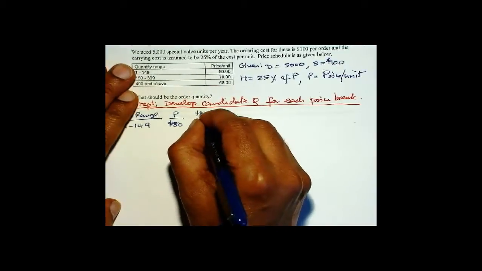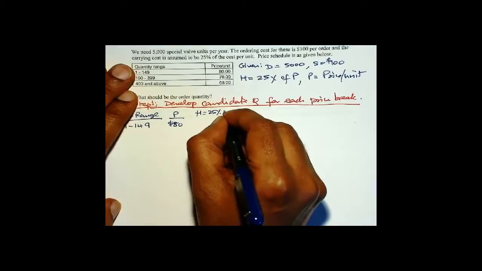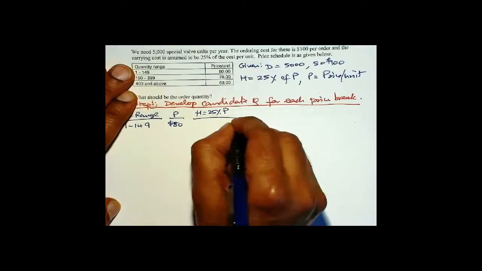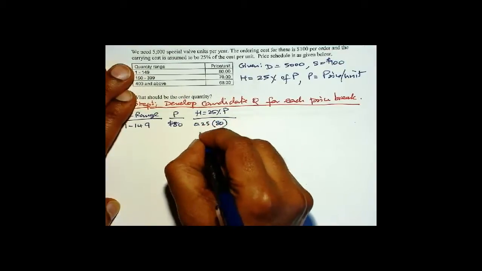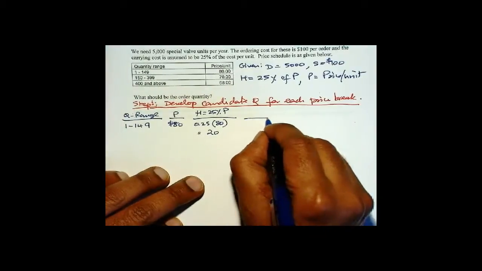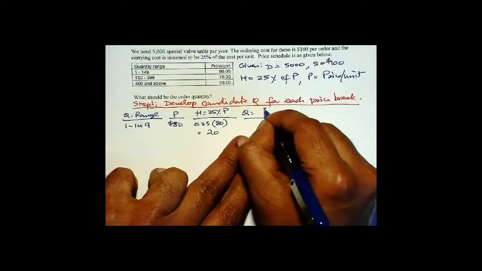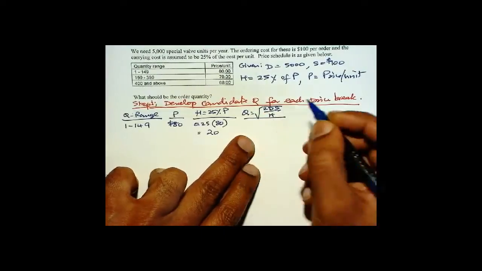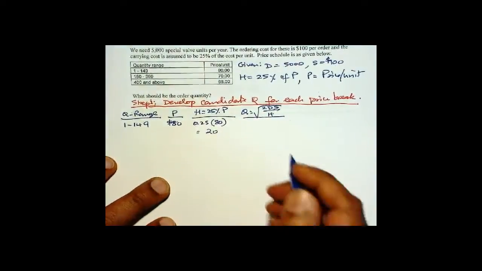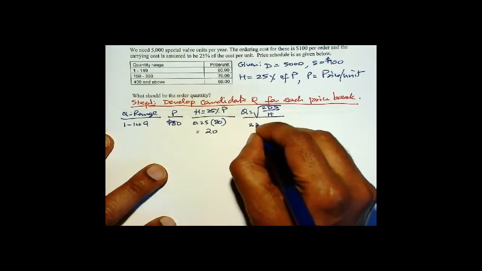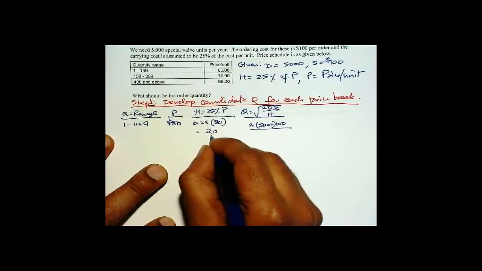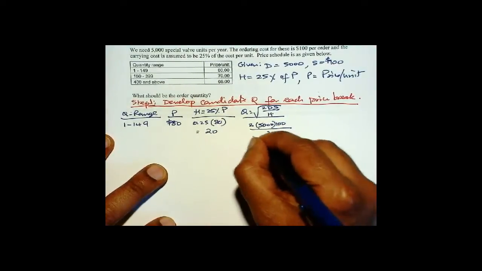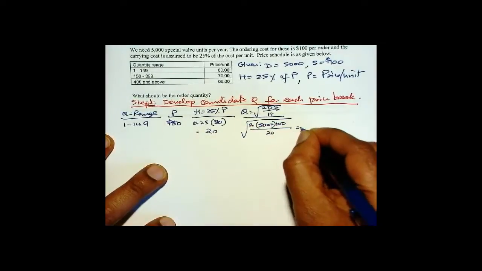Now holding cost is 25% of P, so this will be 0.25 times $80, so that's equal to 20. Then we compute Q, which is that. So now use 2 times 5,000 times 100 divided by 20, and that is equal to 224.